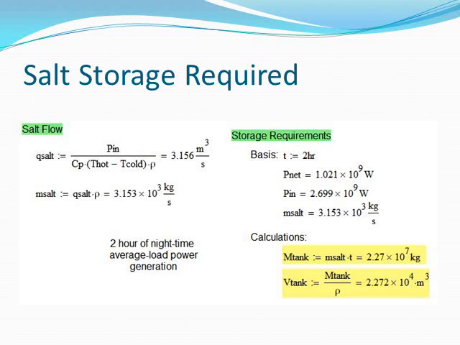This means that in order for the system to operate in the evening for 2 hours, the hot salt storage tank must be 2.3 times 10 to the 4th meters cubed in size, which is 26 times the size used in Solar 2. Thus, it would be a very large tank, but it could be split across 26 tanks the size of Solar 2, which is not completely infeasible.